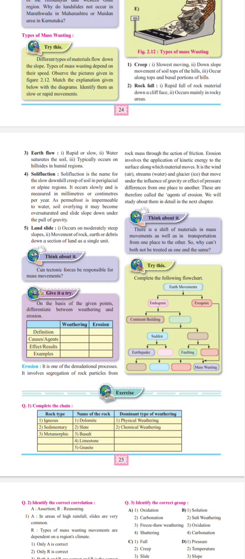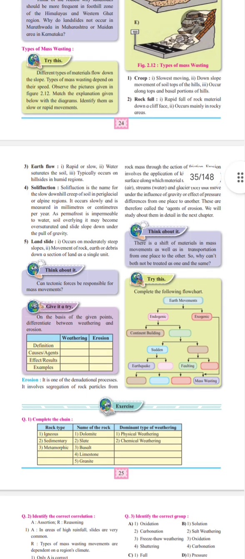In erosion, the material is moved with the help of a transporting agent. The major agents of erosion are running water, wind, glaciers, or moving ice. Just remember: weathering is breakdown, mass wasting is downward movement due to gravity, and erosion is removal and transportation by agents.